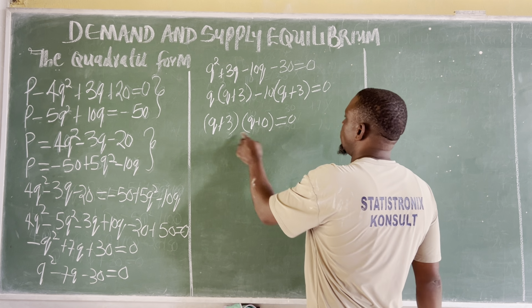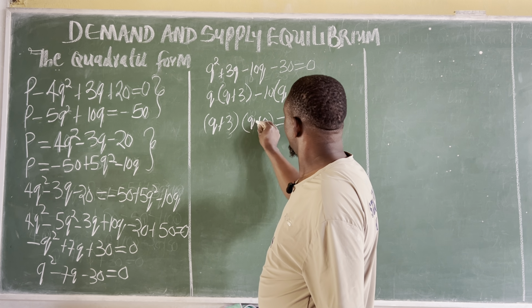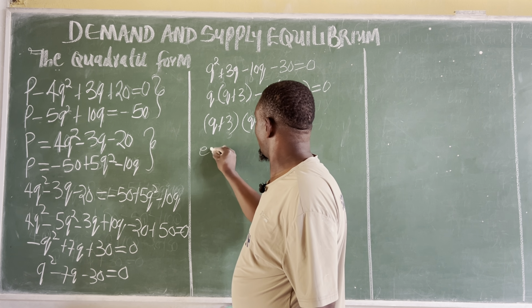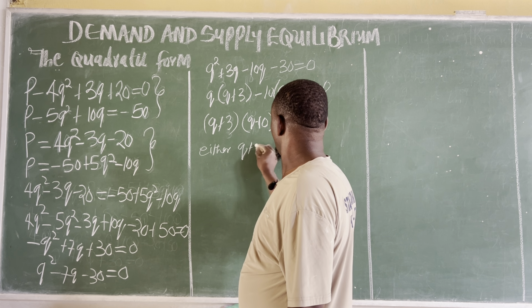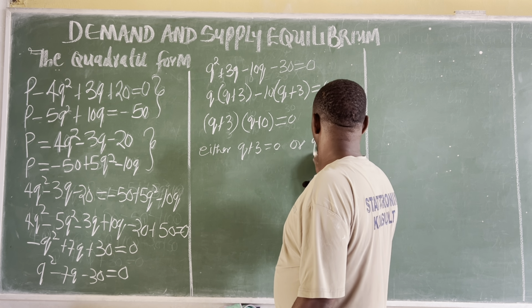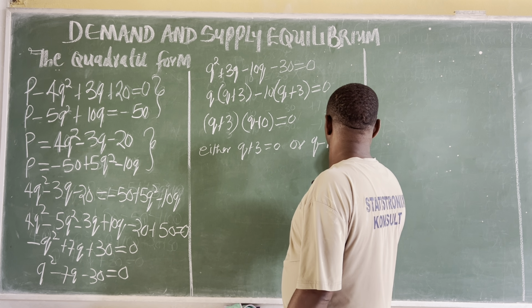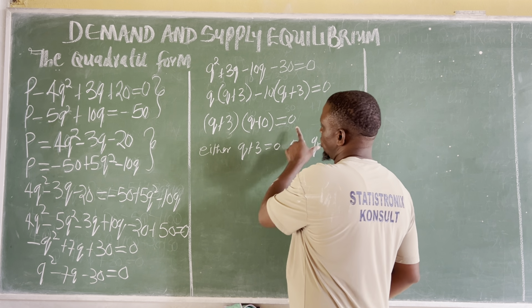So if the product of this is equal to 0, then it means that either q plus 3 is equal to 0, or q minus 10 is equal to 0. And that's the implication of this.